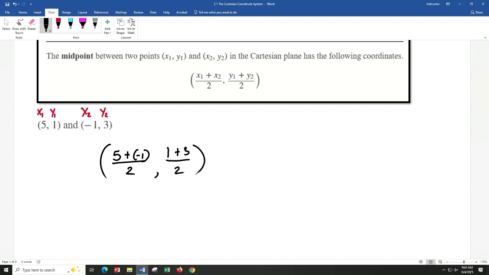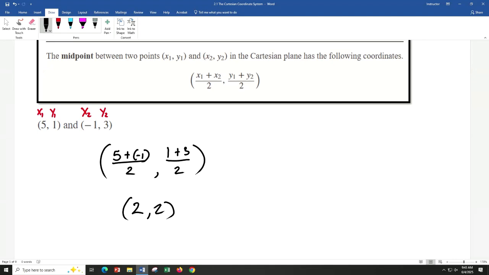I'm going to close it up because am I not creating a point right now? That's why it's called the midpoint formula. Hey, 5 plus -1 just turns into 5 minus 1, right? So 5 minus 1 is 4. 4 divided by 2 is 2. Hey, 1 plus 3 is 4. Divided by 2 is 2. There you go.